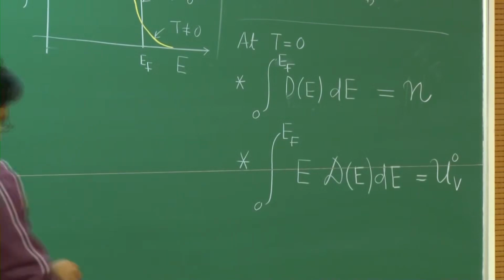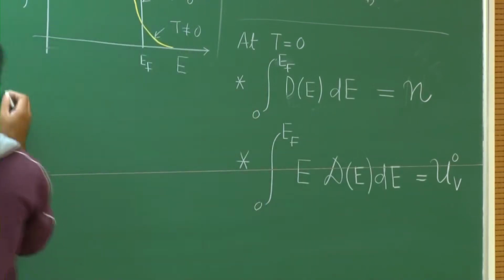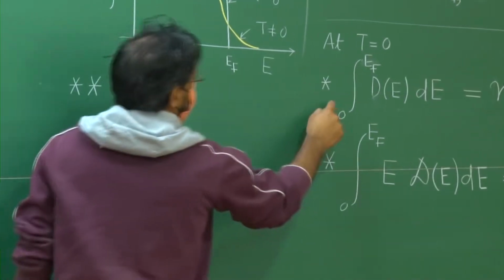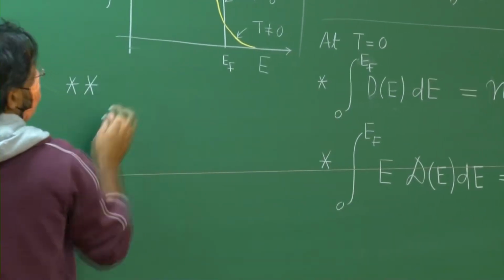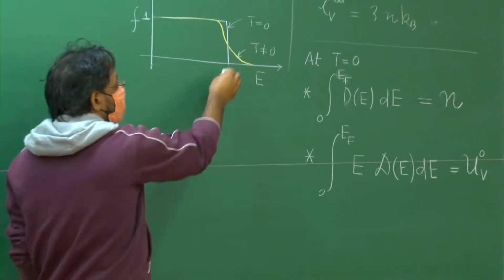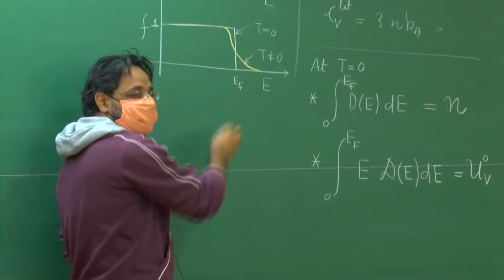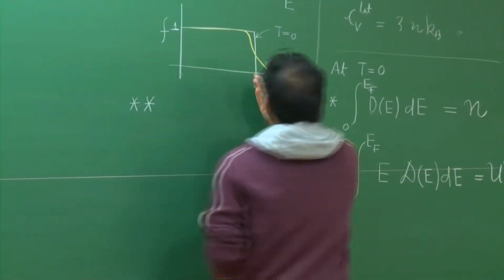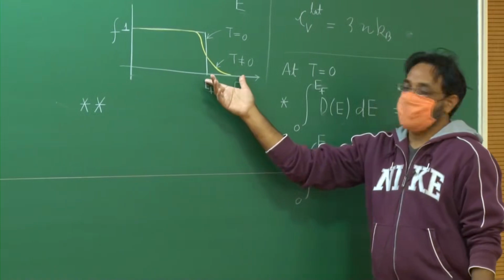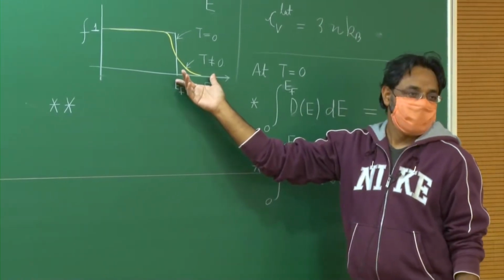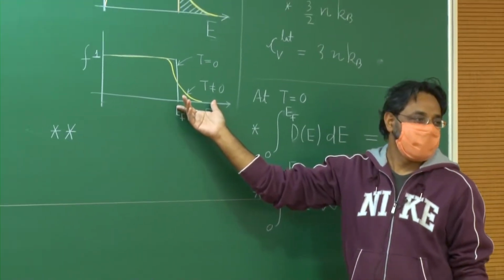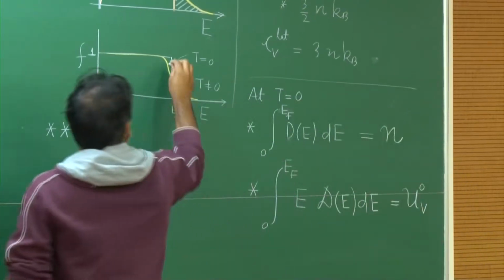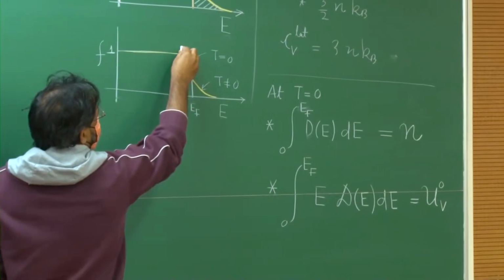Now, at non-zero temperature, how are these equations going to change? The equation corresponding to 1: at a non-zero temperature, the electrons are not restricted to the region from 0 to EF alone. There is a finite probability of finding electrons above the Fermi energy, because you have increased the temperature and so smeared this function.